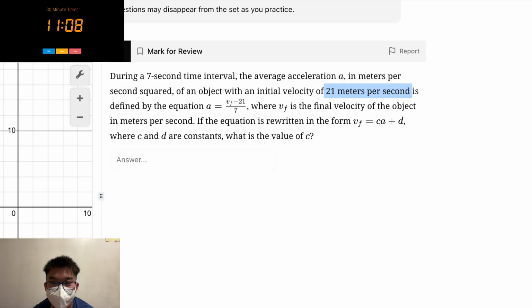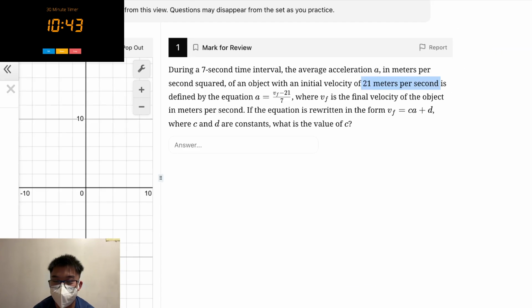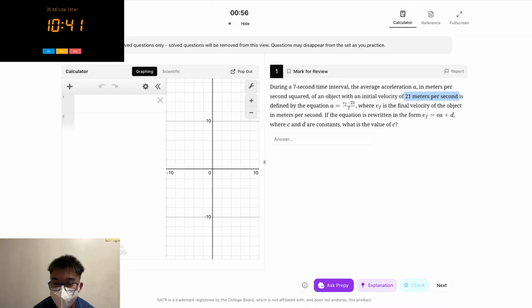Acceleration is equal to that, where v f is the final velocity. Holy crap, okay, that is not what you want to see. What's the value of c?